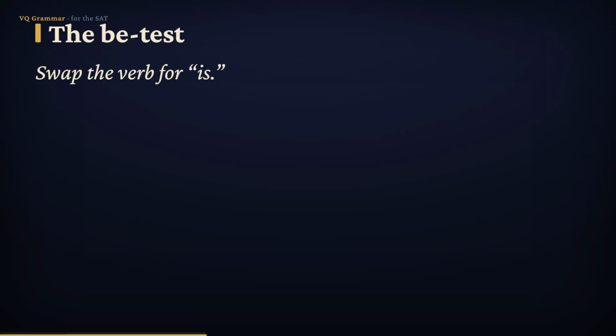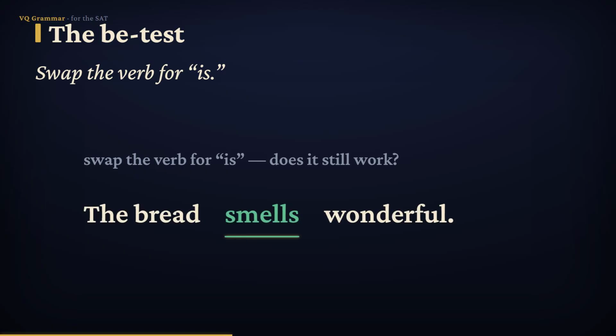But here's the catch, and it's a great one. The very same verb can be linking in one sentence and action in another. So use the be test. Swap the verb for is. If the sentence still makes sense, it's linking. Watch. The bread smells wonderful. Swap in is. The bread is wonderful.